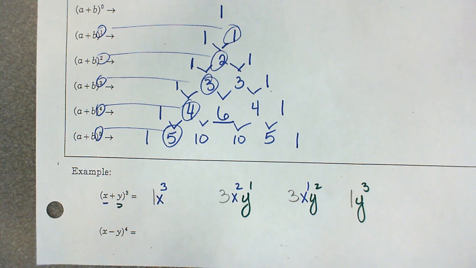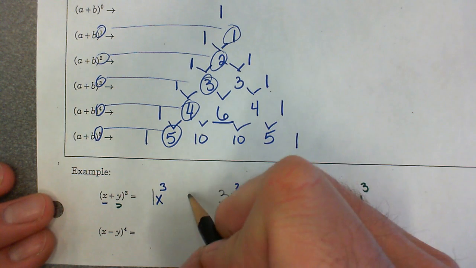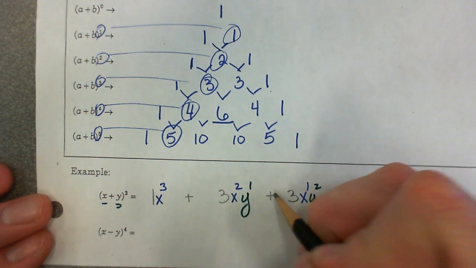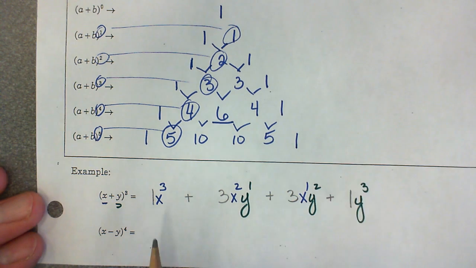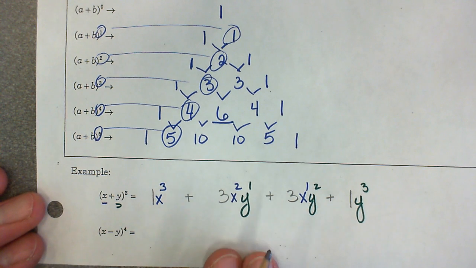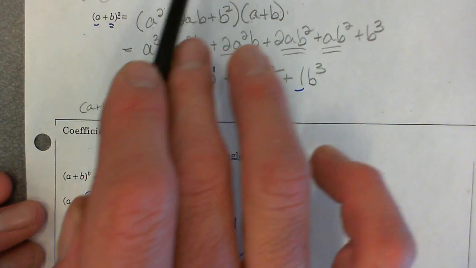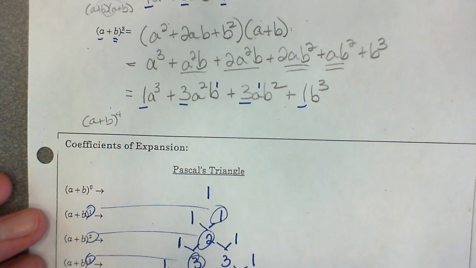Because all your values here are positive, all your signs will be plus, plus, plus, plus. So now we have our final expression of x plus y to the third power without having to do all this algebra up here.